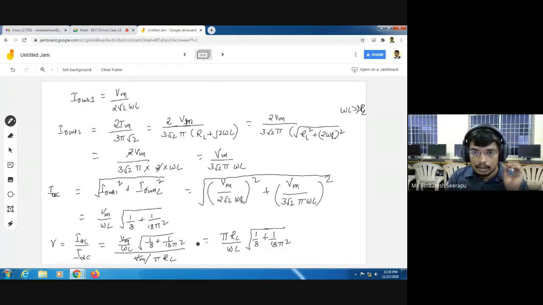Now this is our final ripple factor of a half-wave rectifier with inductor filter.